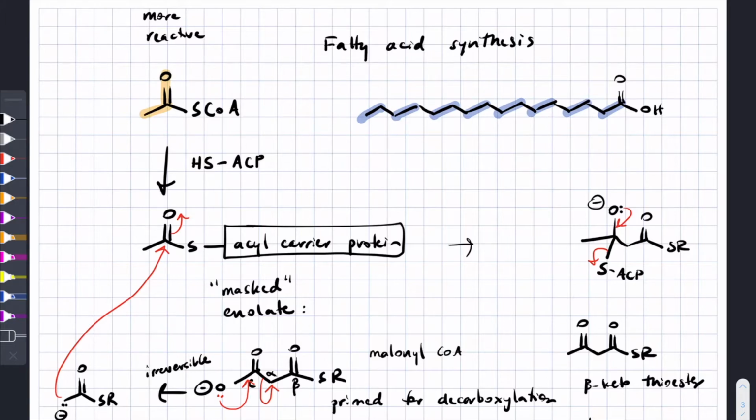We used orange for acetyl-CoA, so those are the ones that end up here and here and here. And then the next ones come from malonyl-CoA, where we decarboxylate to make this enolate. And then we get to that step, and then this one.